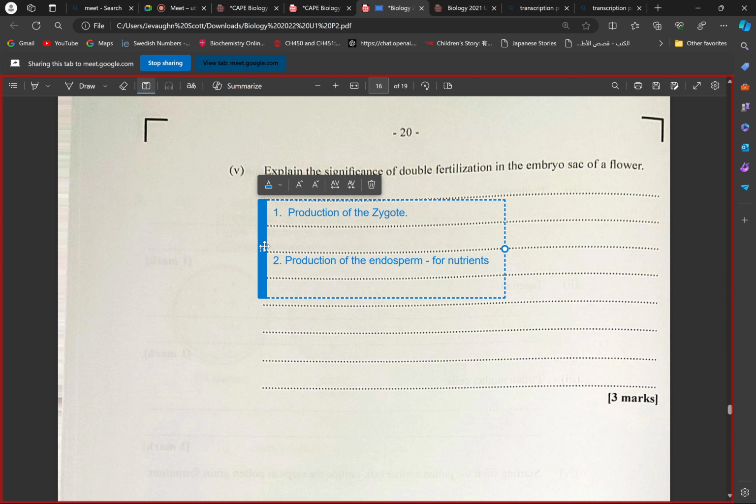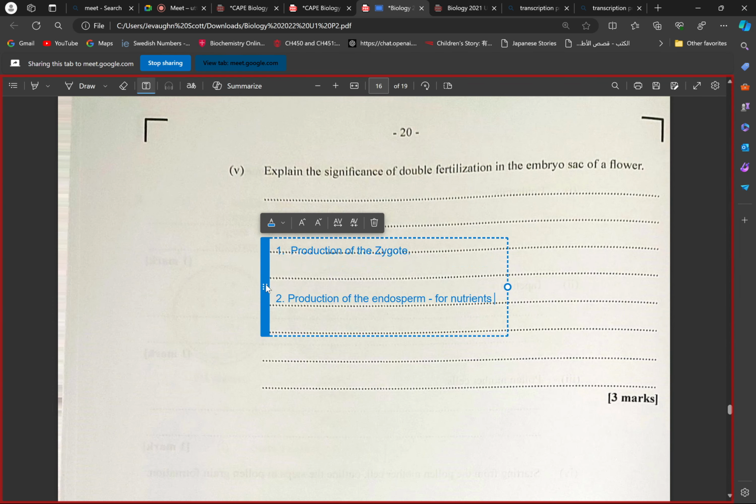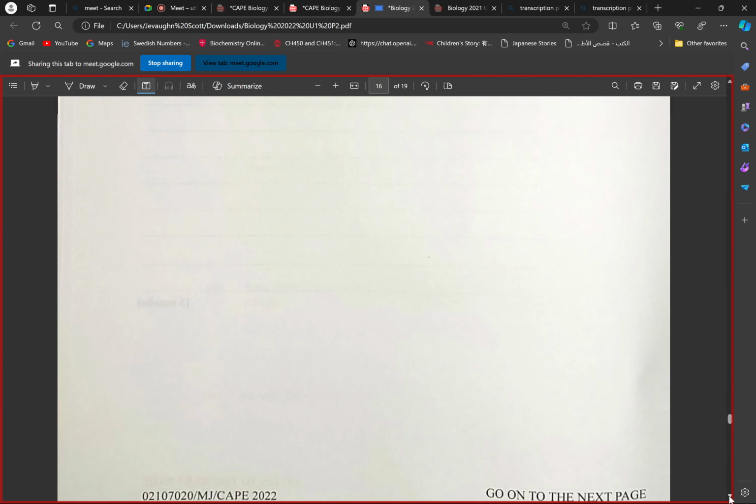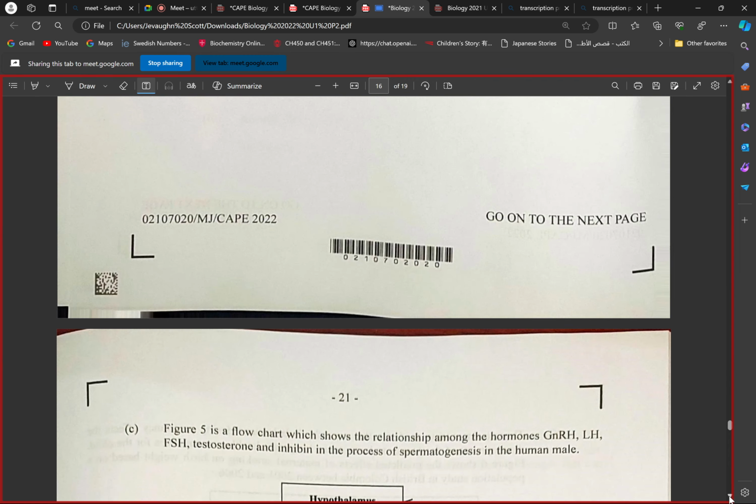The zygote will develop into the embryo, and the embryonic hemispheres would now separate at a hypocotyl to produce cotyledons, right? So the endosperm won't become a cotyledon. In this question, I think the 3 marks come from describing what happens in double fertilization, and then speaking about how it produces the zygote and how it produces endosperm for the nutrients of the growing embryo. That's just 3 marks, right?